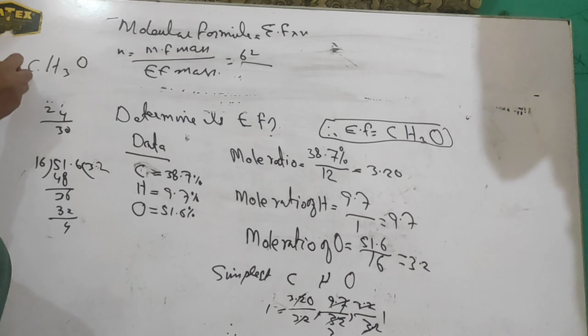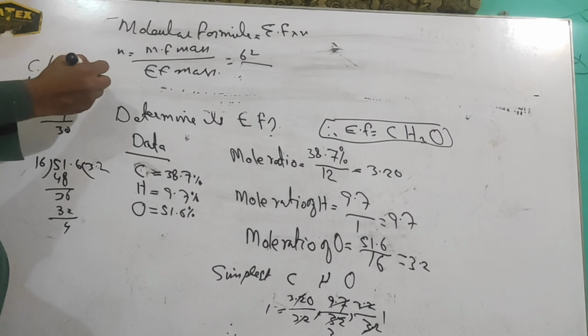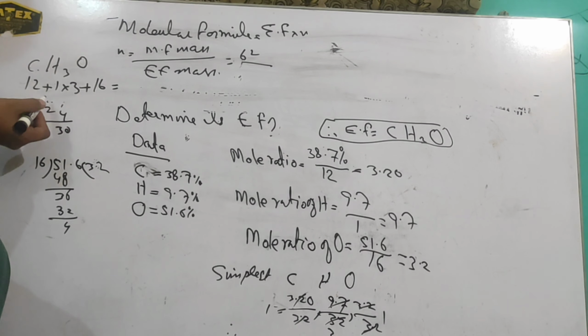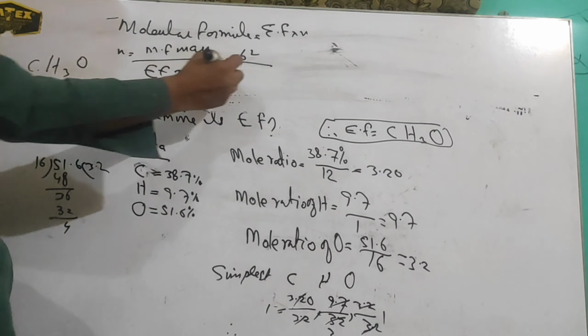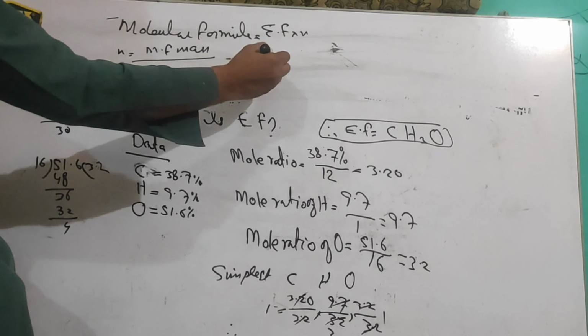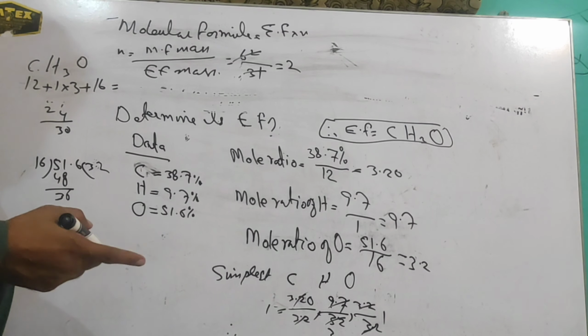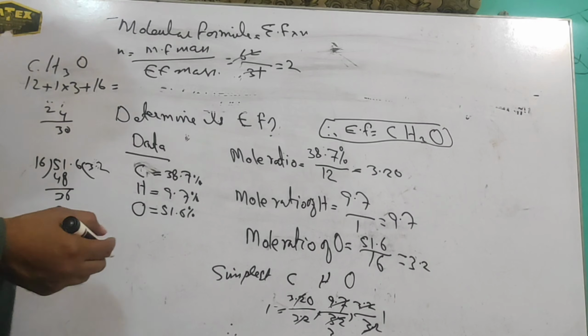CH3O: 12 plus 1 times 3 plus 16, that is equal to 31. So 62 divided by 31 is 2. So we have to multiply this by 2.